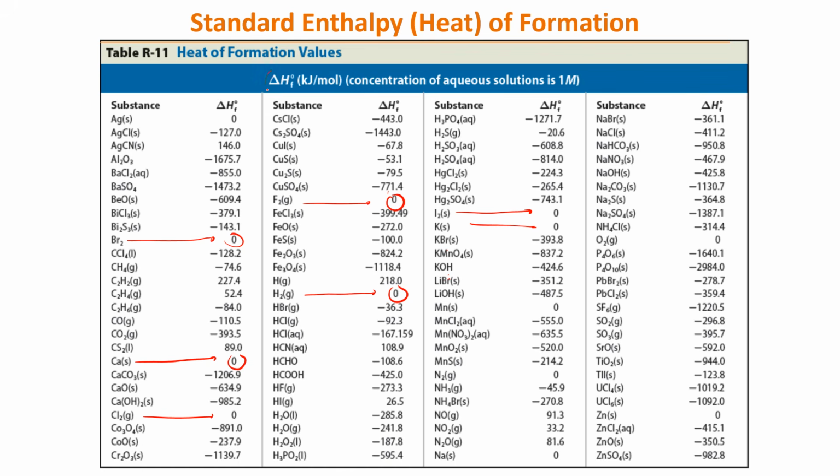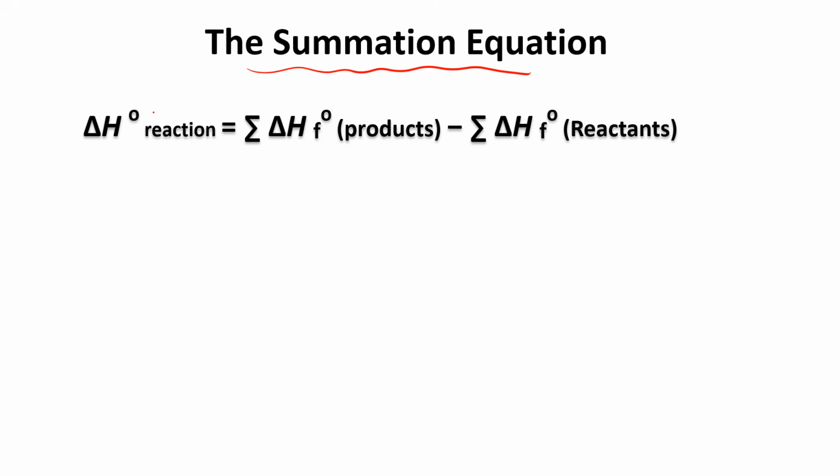So we can use these values, guys, to find the delta H of a reaction. So to find the delta H of a reaction, we learned about Hess's law, صح? So sometimes we don't need Hess's law, okay? We just use something called the summation equation. And this is the summation equation.